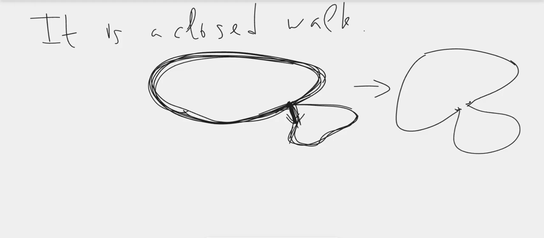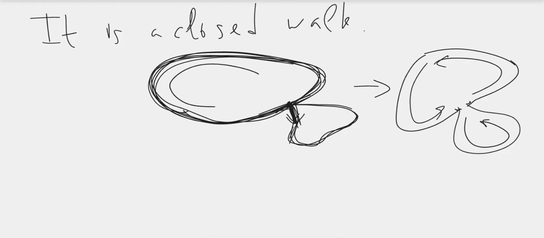So this is the same vertex. I just draw it separately to demonstrate how we walk. So we walk this way, and this way. So we merge these two closed walks together, and we obtain a single large closed walk.